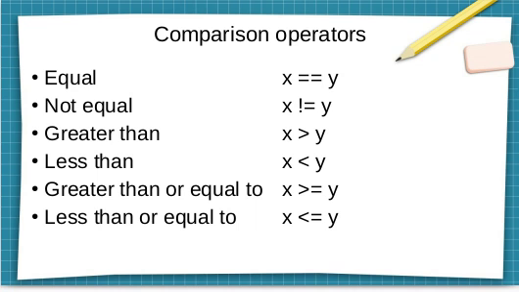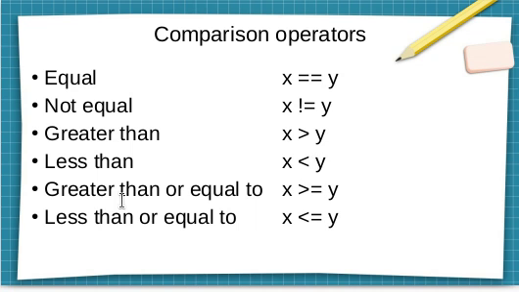Now comparison operators. All of these operators give us the result true or false. If x is equal to y, we write the condition x equal to y, and it will give us true. Not equal to means if x is not equal to y, it will give us true. Greater than, if x is greater than y, it will give us true.